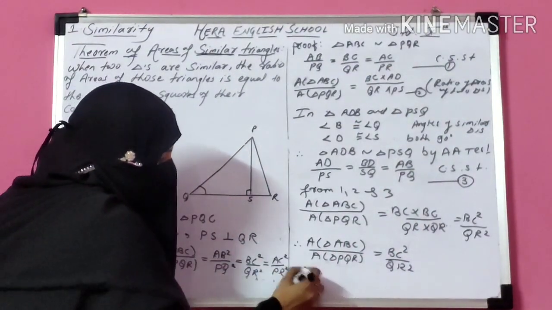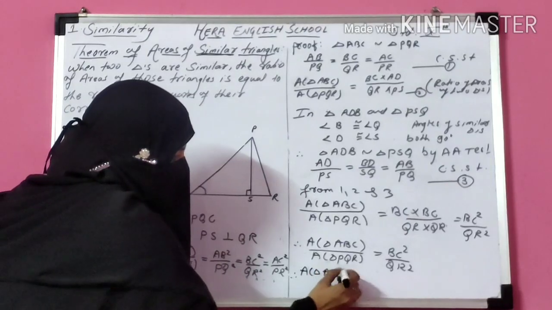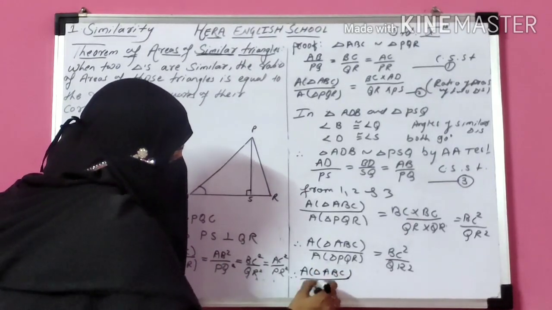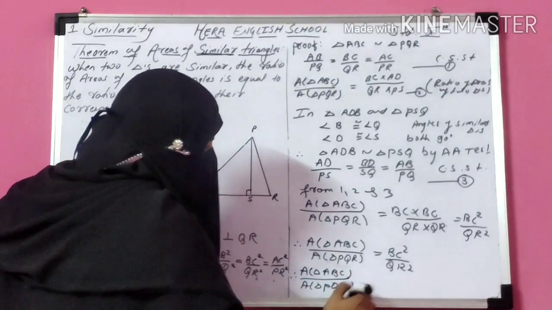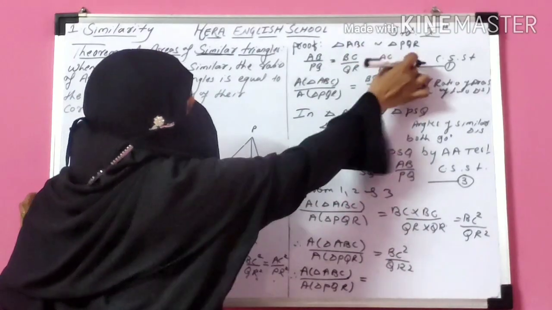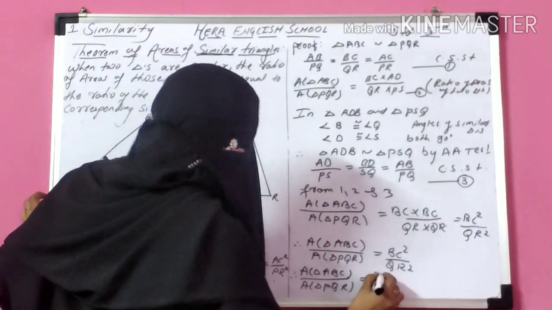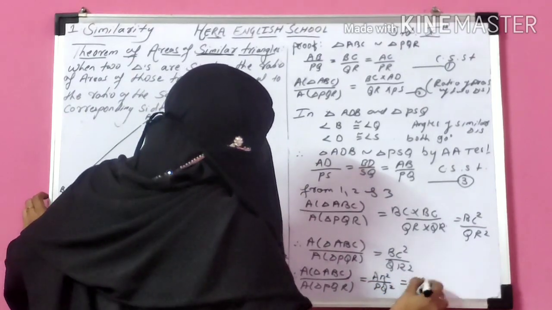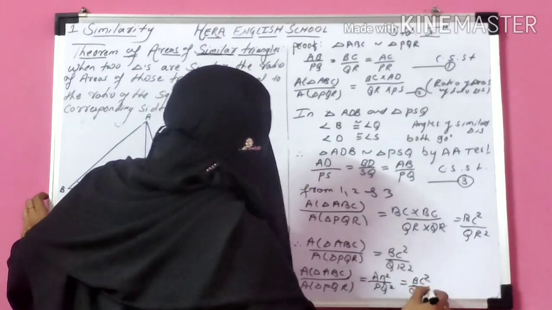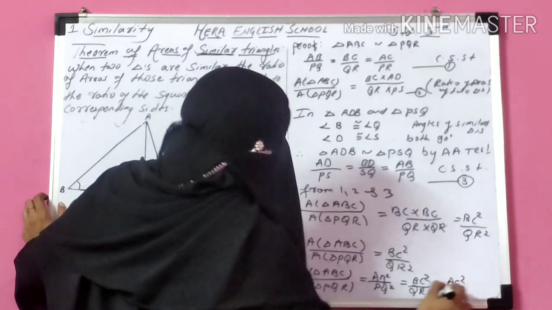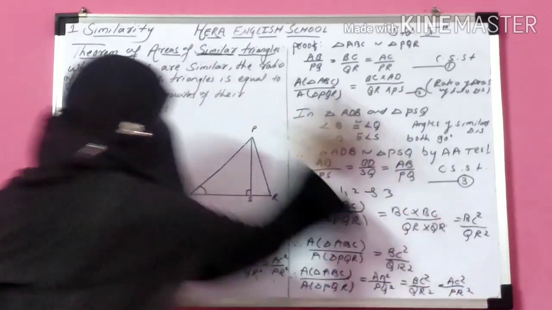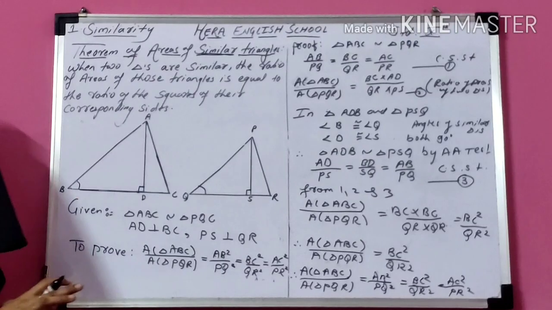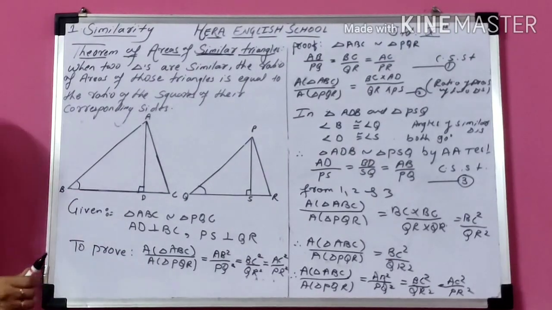So you can write area of triangle ABC upon area of triangle PQR is equal to AB square upon PQ square, or BC square upon QR square, or AC square upon PR square, since all three corresponding sides are in the same ratio. So here we prove our theorem, that is the theorem of areas of similar triangles.